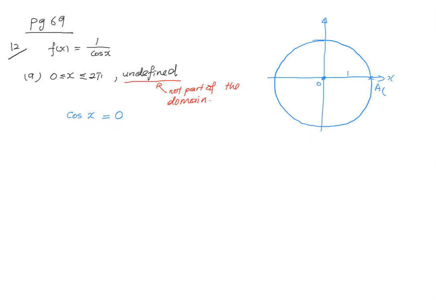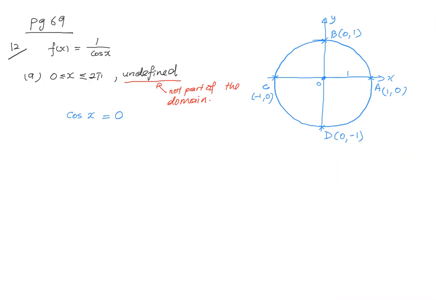Can someone tell me the coordinate for A? 1, 0. Coordinate for B? 0, 1. Coordinate for C? Negative 1, 0. Coordinate for D? 0, negative 1.